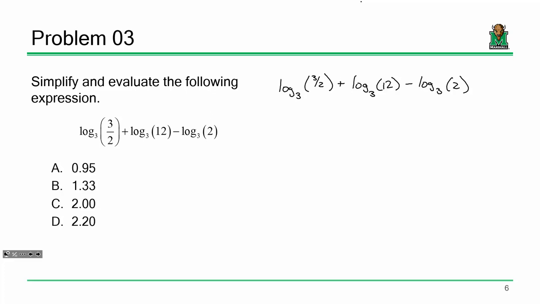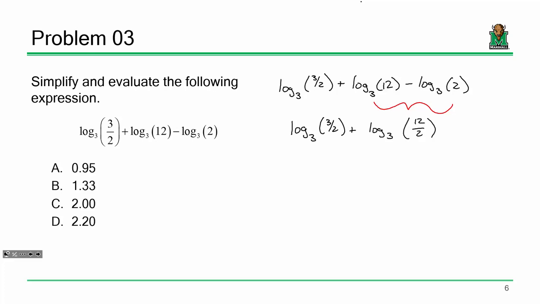these 2 on the right. The base 3 log of 12 minus the base 3 log of 2. Can I do this? Can't I take these 2 terms right here and say, well, I've got this original one plus this.